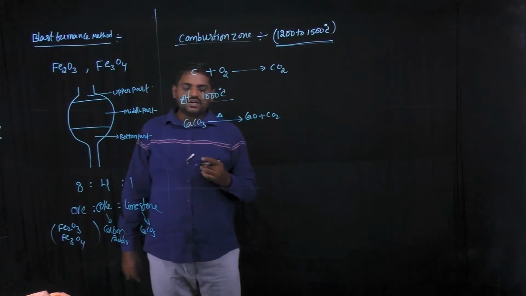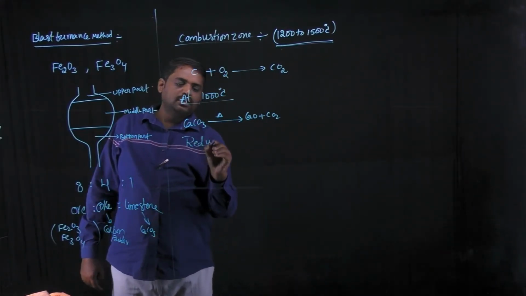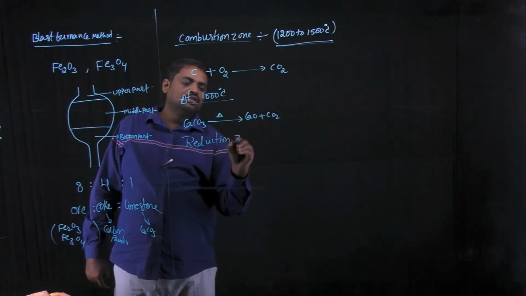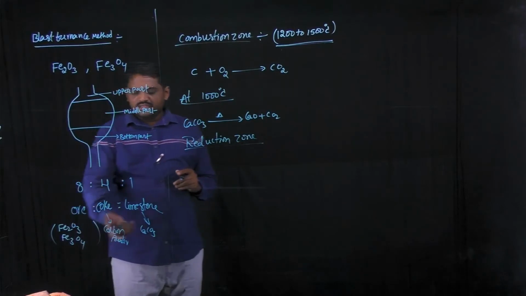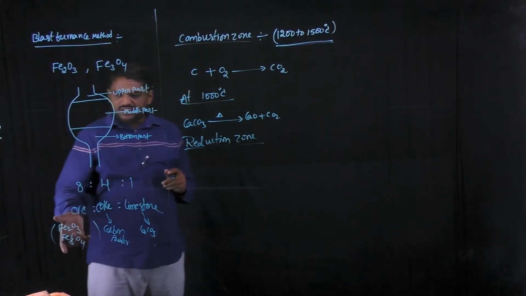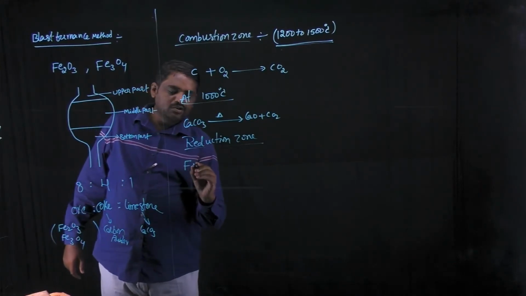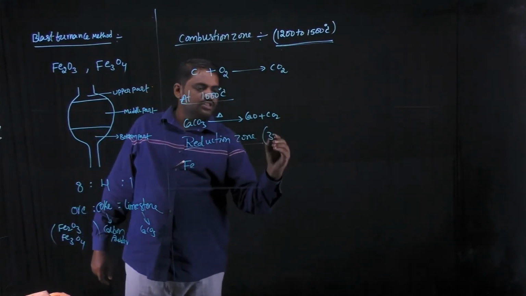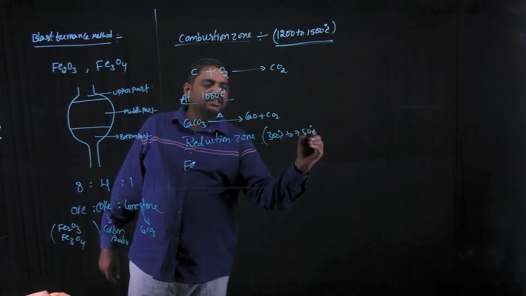And the next one, the reduction zone. In the reduction zone, the heat touches the ore particles. First, for Fe2O3, the reduction zone is observed at 300 degrees centigrade to 750 degrees centigrade.